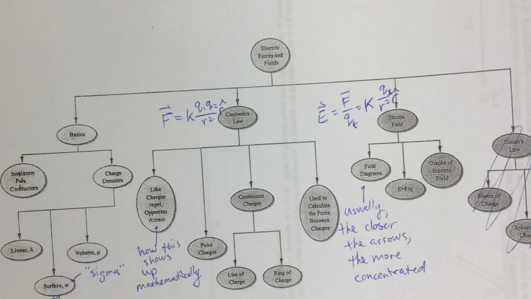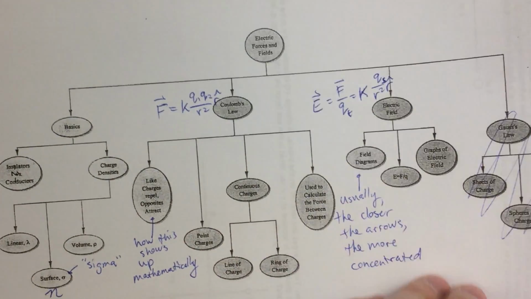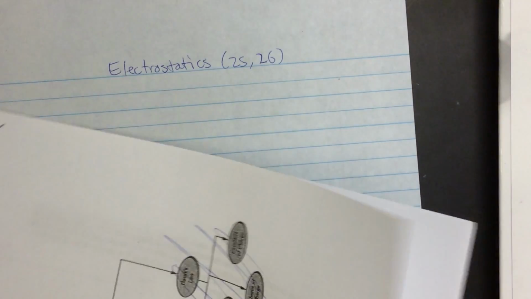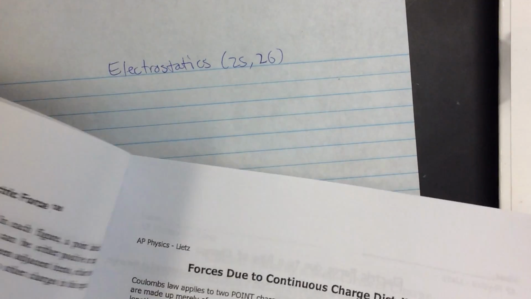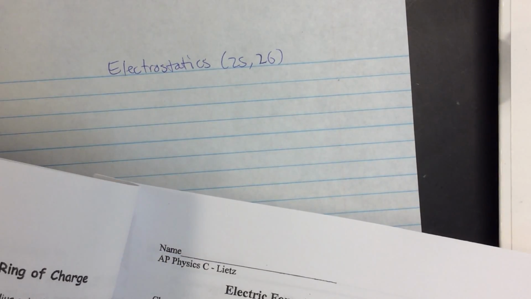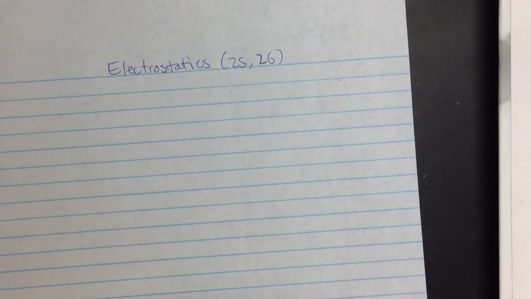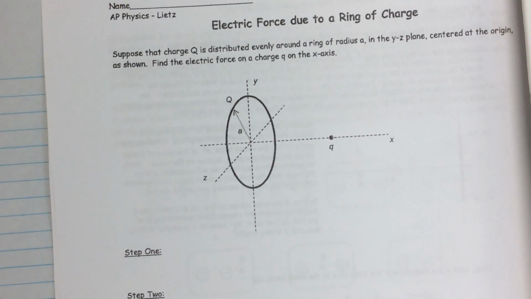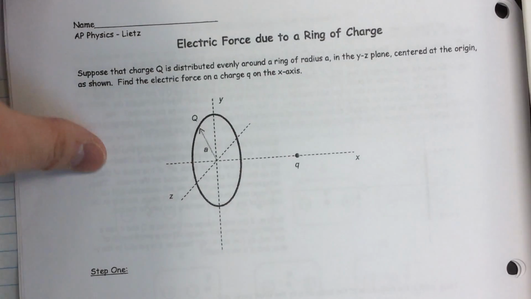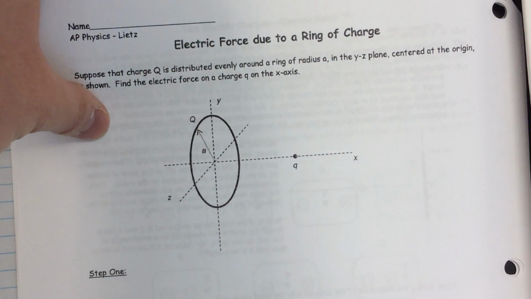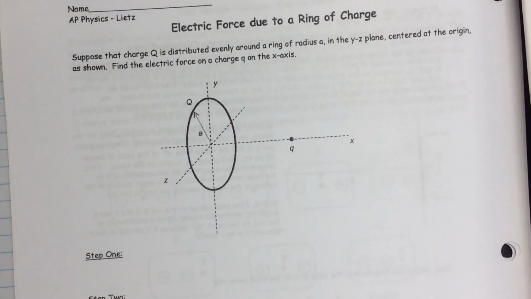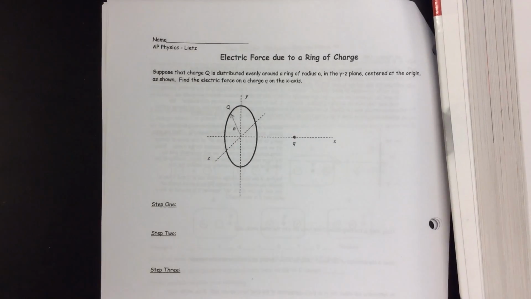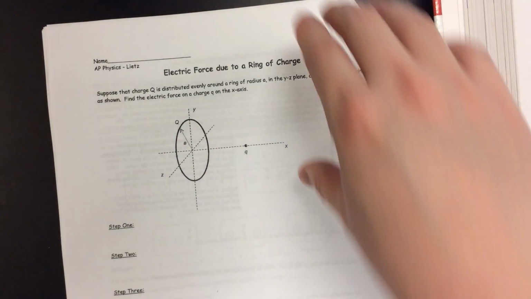Actually, we can try one of the ones in here. Go ahead and turn to this page. It says page 12. They're not necessarily in order, so you'll have to go through them a little bit.